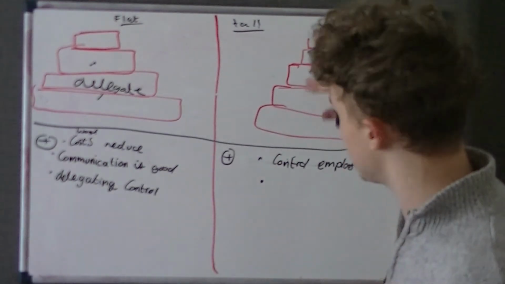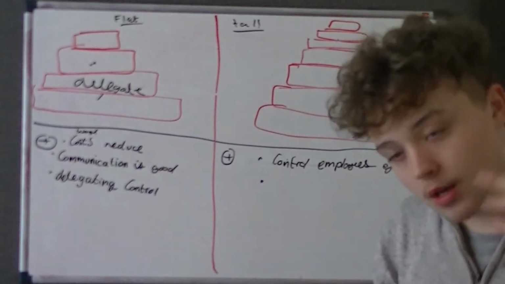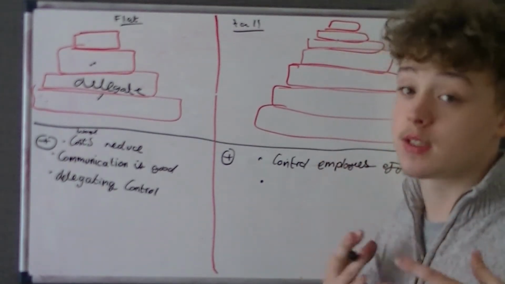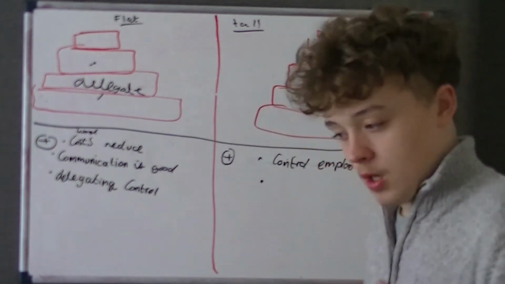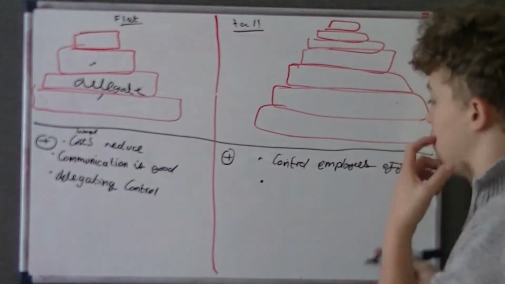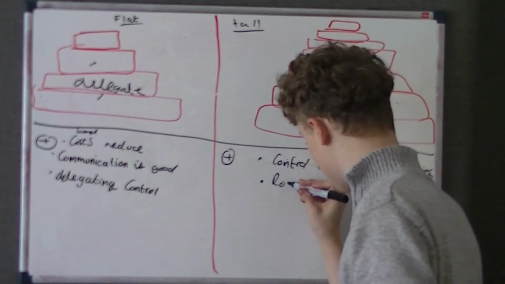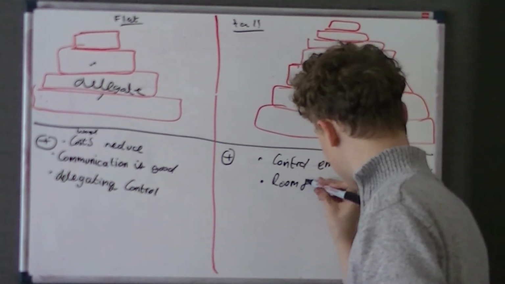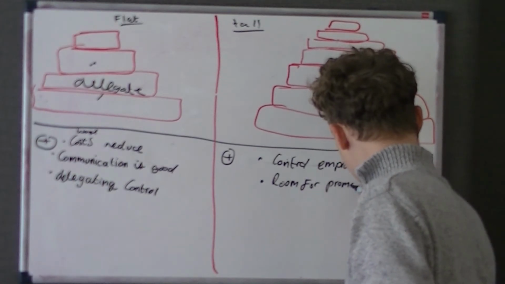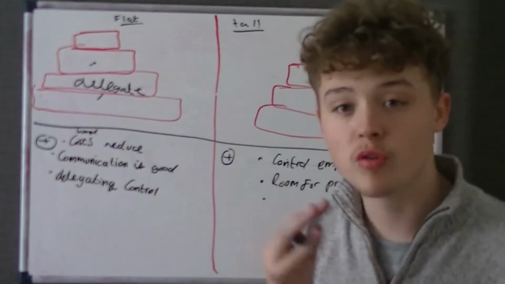So you can see there's a lot more layers in the business, there's a lot more jobs and improvements that they could make, and obviously that enables a business to motivate its employees, like this does by delegating responsibility. So, room for promotion.